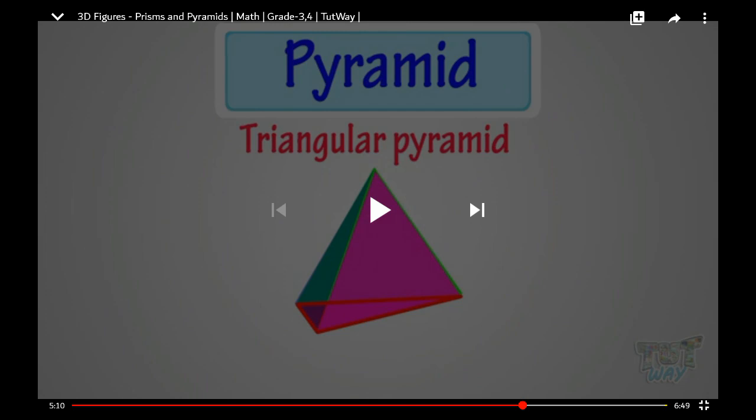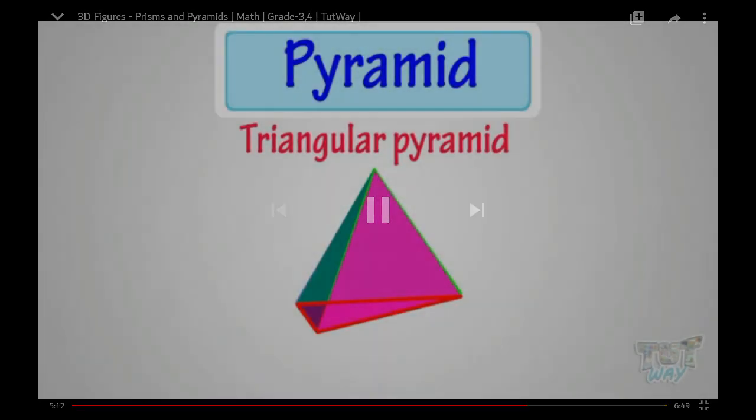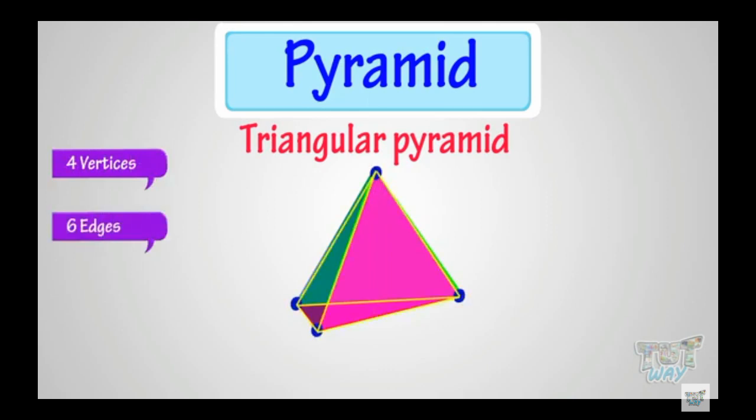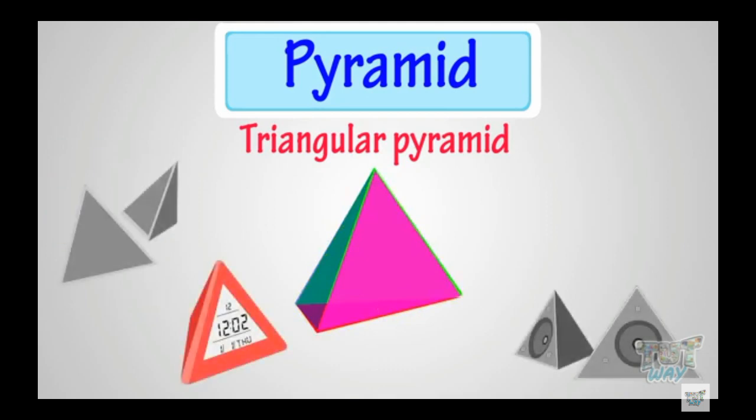So here the pyramid has a triangular base, so we call it a triangular pyramid. And all other faces are triangles and converge to a single point. It has 4 vertices, 6 edges, and 4 faces.